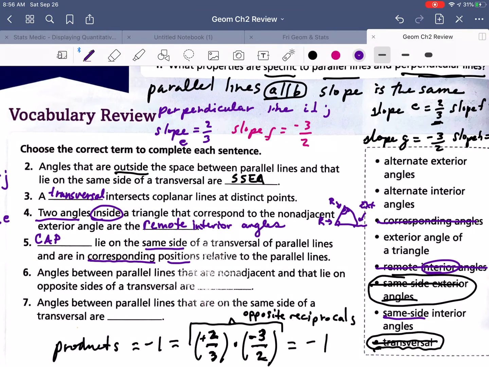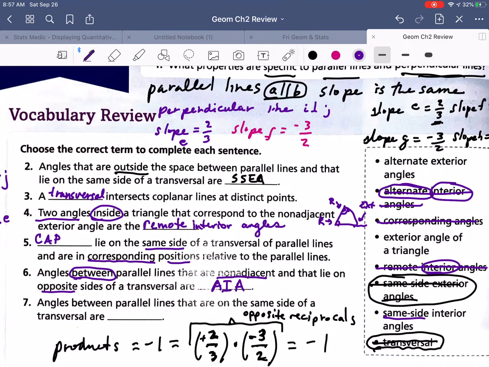Okay, we got that one down. Angles between parallel lines that are non-adjacent and lie on opposite sides. So they are between the parallel lines, so that means they're inside, and they're not adjacent and they lie on opposite sides, so the word alternate is the same as opposite. So that's our alternate interior angles, right?